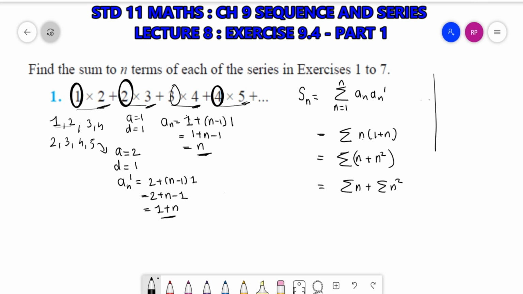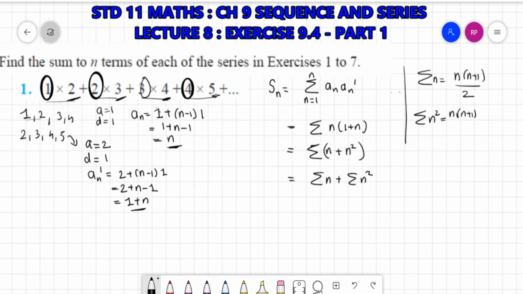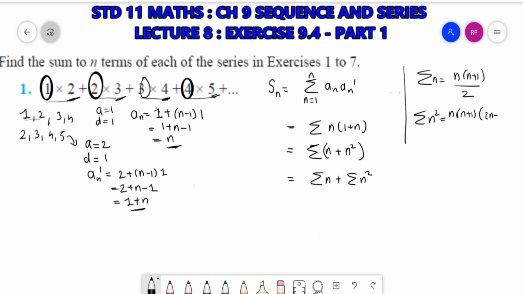Now see, the formula for summation of n is equal to n into n plus 1 by 2. The formula for summation of n square is n into n plus 1 into 2n plus 1 by 6.